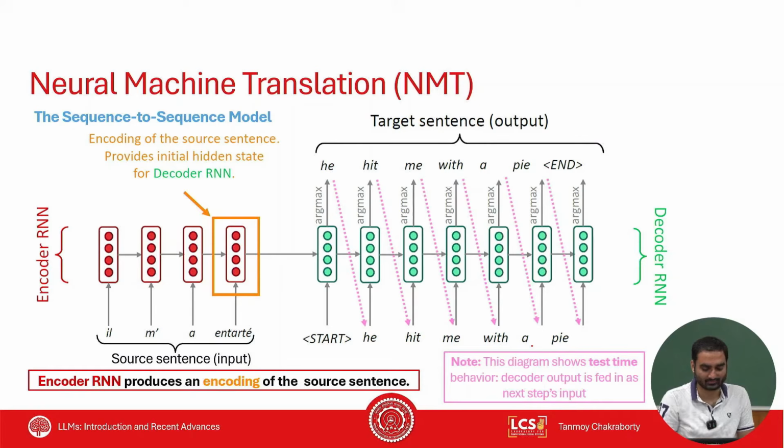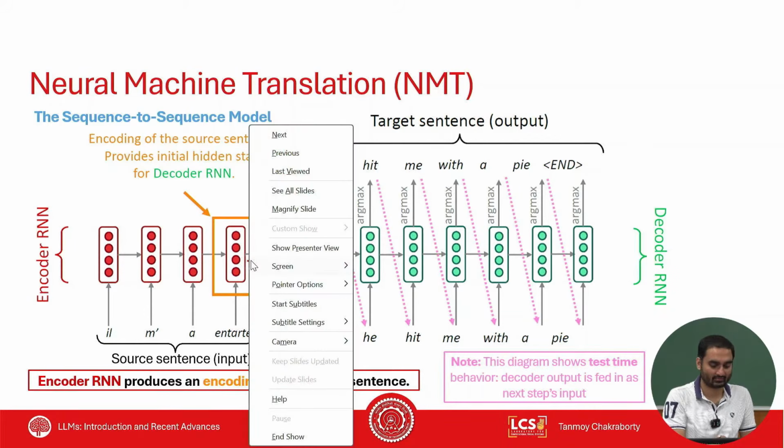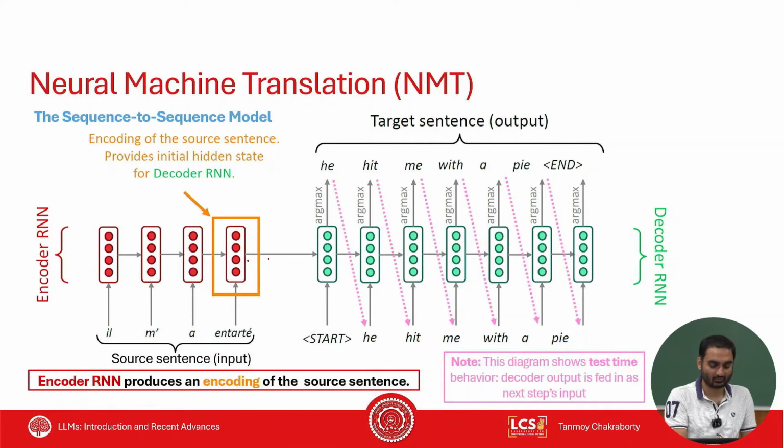The translated version of this French sentence is "he hit me with a pie." The last state of the previous RNN will be fed to the first state of the output RNN, and the remaining process will follow.